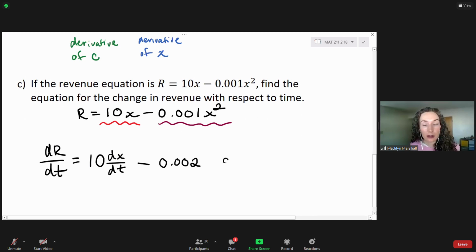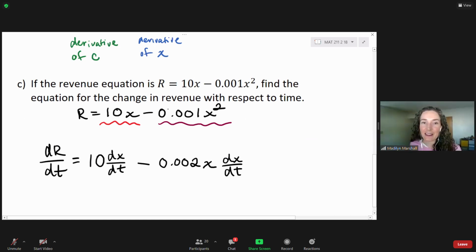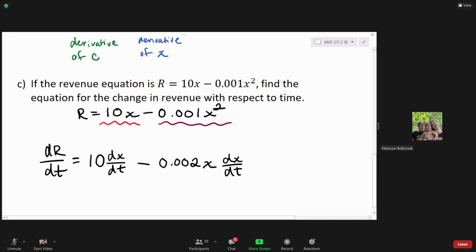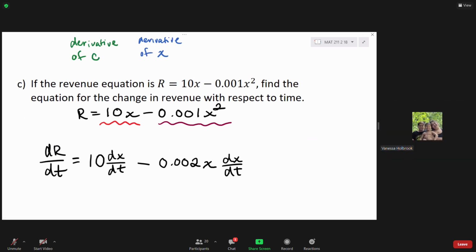Almost. x, yes, dx over dt. So you keep the extra x. We do, because that is a power rule. So we're multiplying the 2 down, which we have. And then the x is still there because its power was lowered by 1.